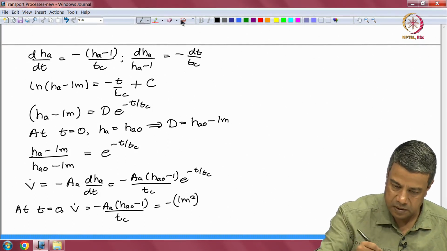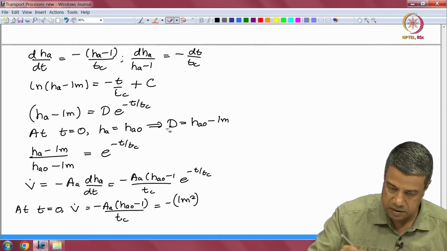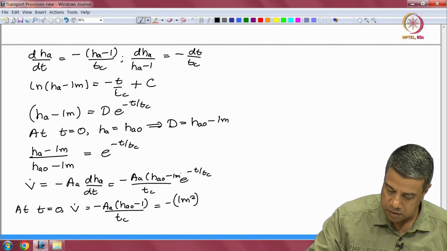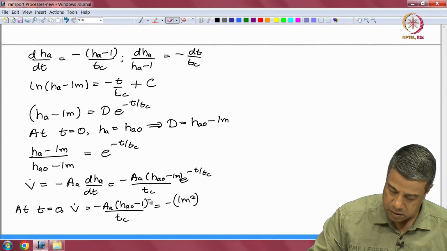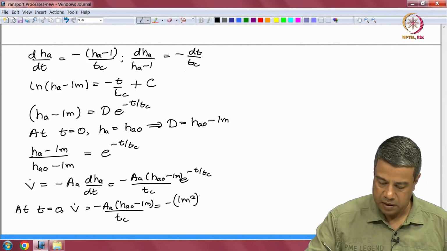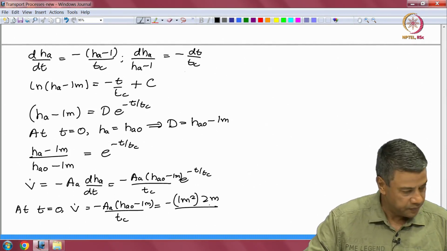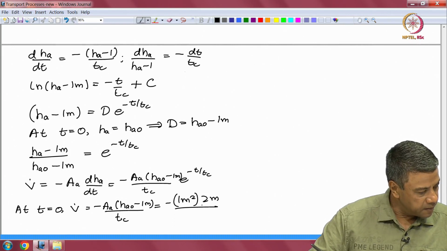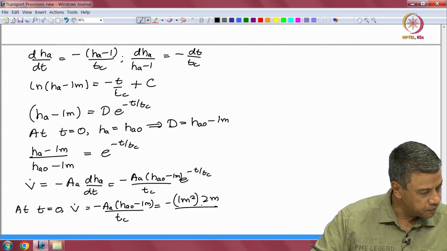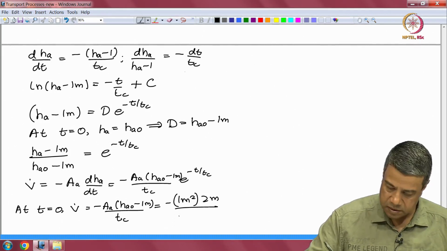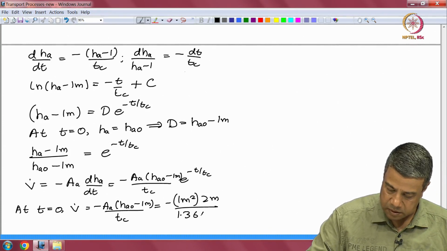I should be careful here and put the units. H_A0 was 3 meters, so this is 2 meters, divided by Tc, which was 1.36 into 10 power 4 seconds.